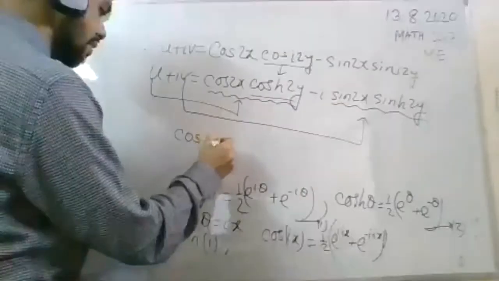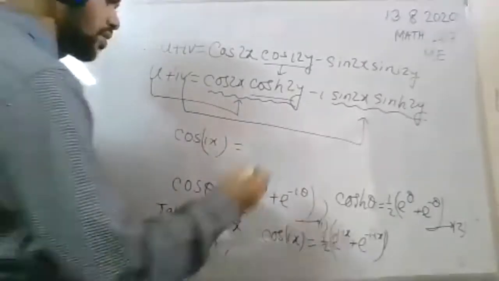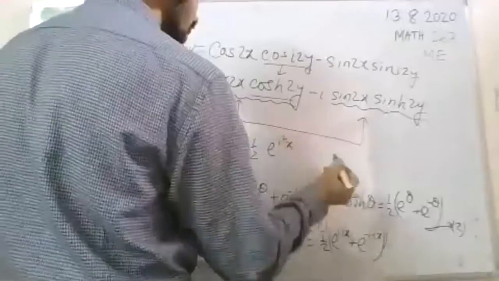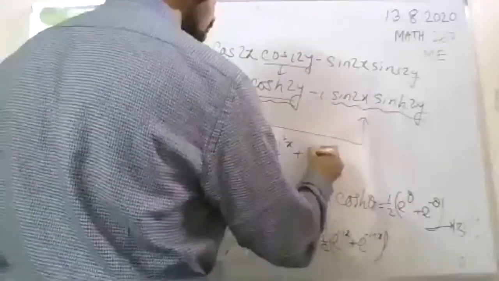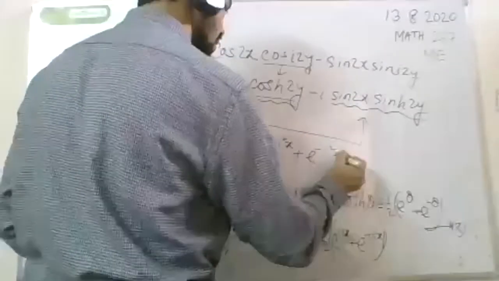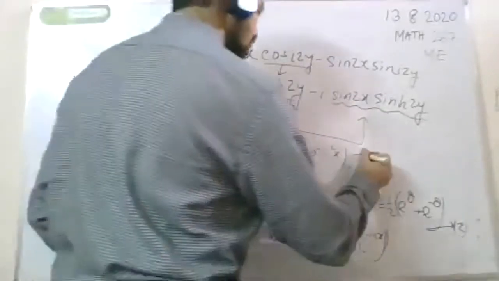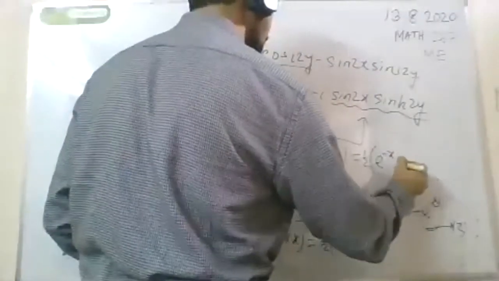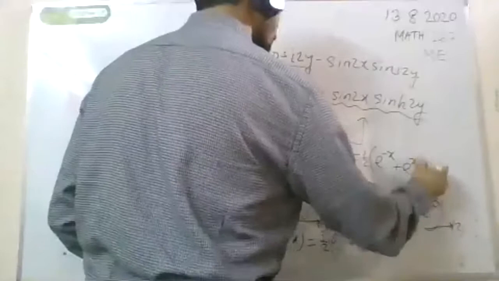Then you can write cos ix equals half e to the power i square x plus e to the power minus i square x. And also you can say half e to the power minus x plus e to the power x. Okay.